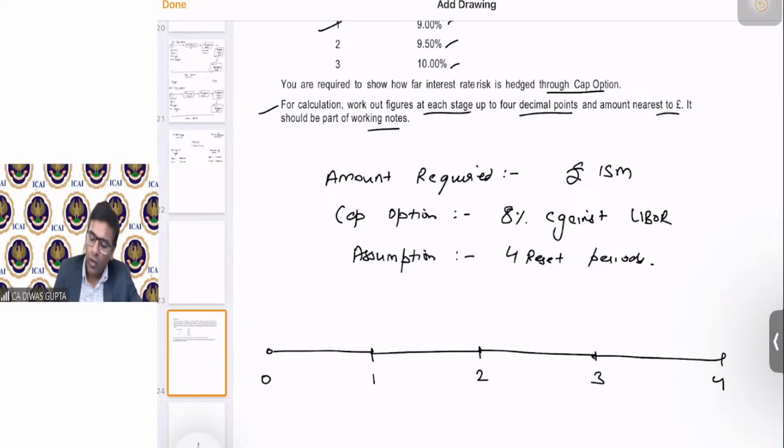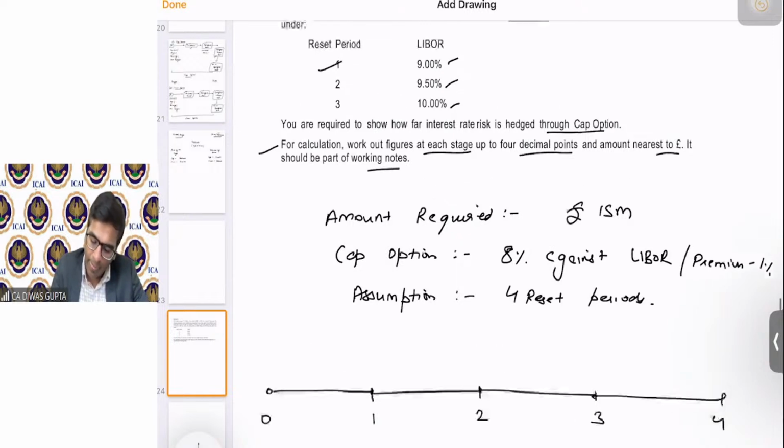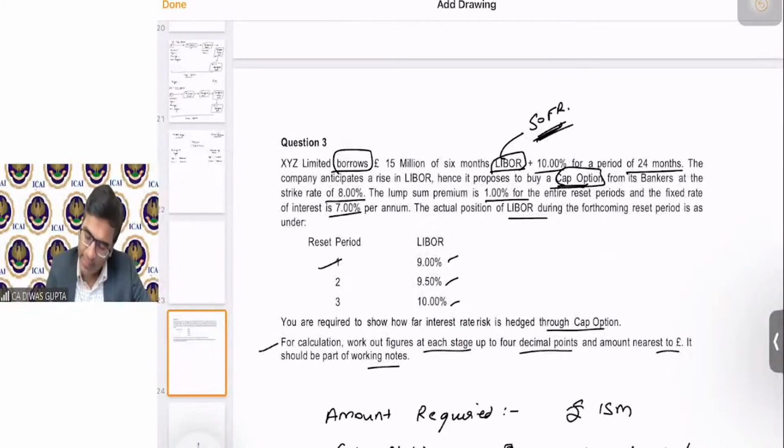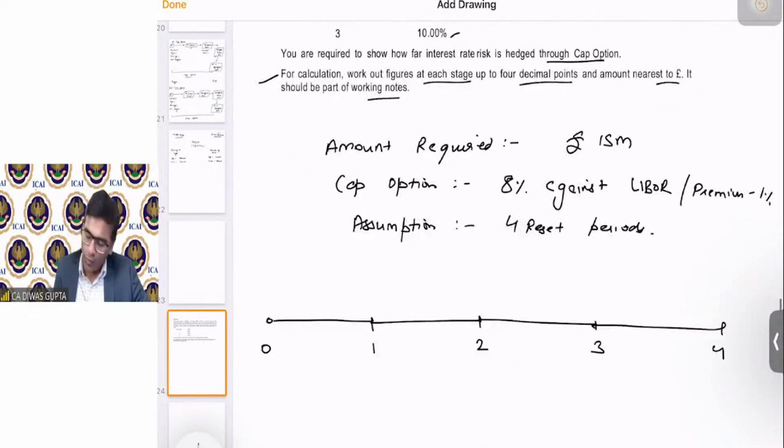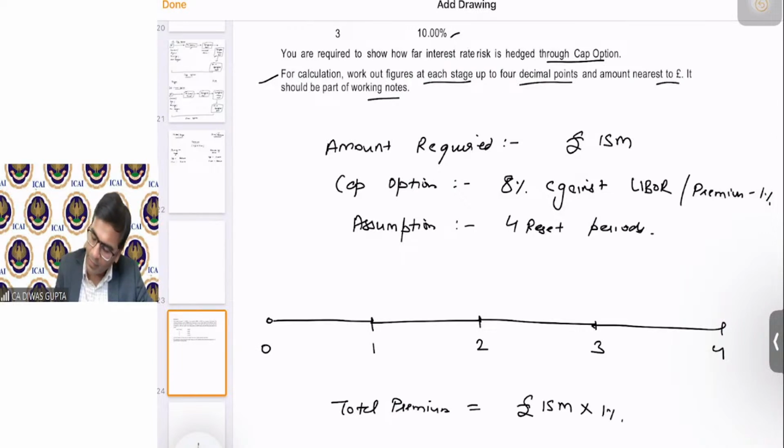What was the premium? Premium was 1%, right? Yes, 1% for the entire reset periods. Now, students, if you see, total premium will be how much? 15 million into 1%.